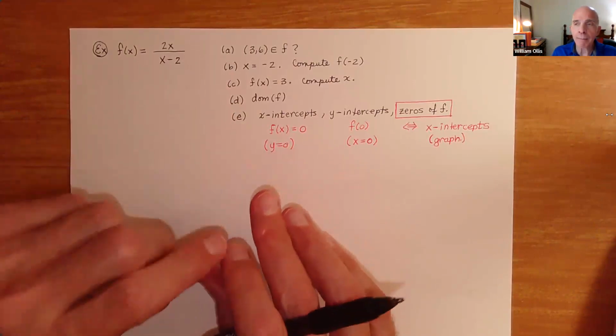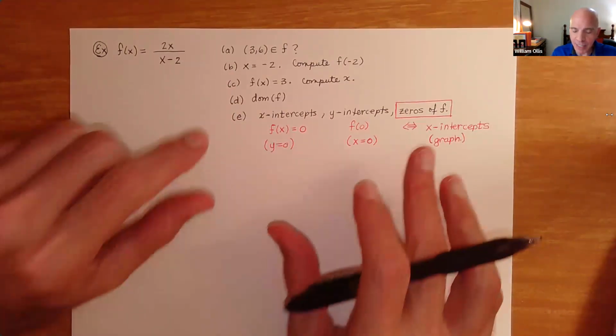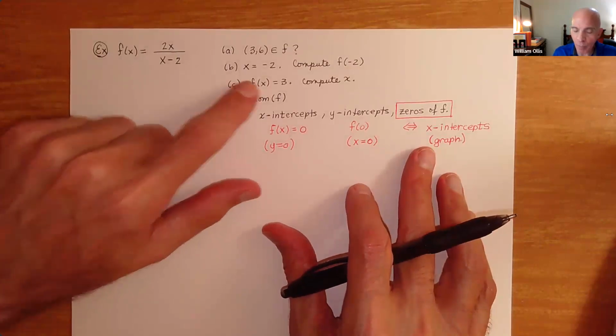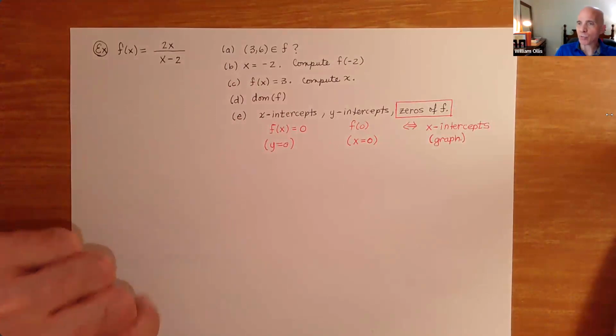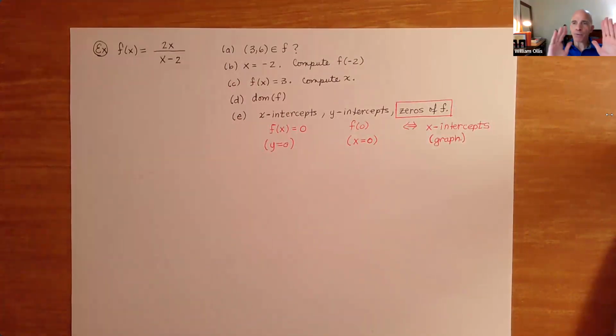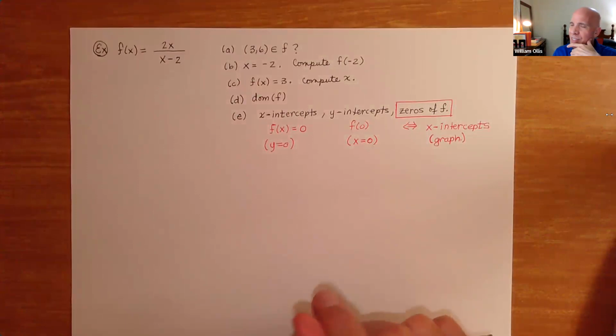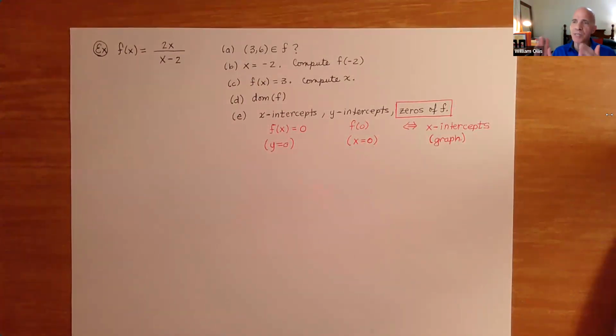Now, of course, what we might be given is an element in the range of f, and then we have to take it backwards. That is, if we start in the domain, we can easily go to the range. But what if we start in the range and then we're asked to go backwards, okay, backwards into the domain? You're thinking, well, that's what you were saying, Professor Ollis, about range and domain and one-to-one, because think about it.